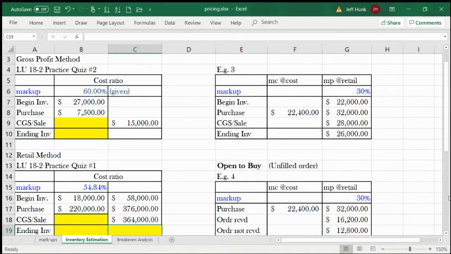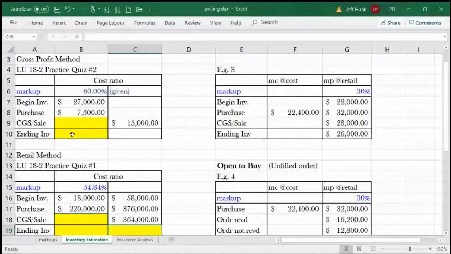So this lecture is a continuation from our previous session where we discussed why inventory estimation is needed and why inventory estimation is based on cost ratio, or markup rate based on cost, or markup rate based on selling price. So let's take a look at this example.